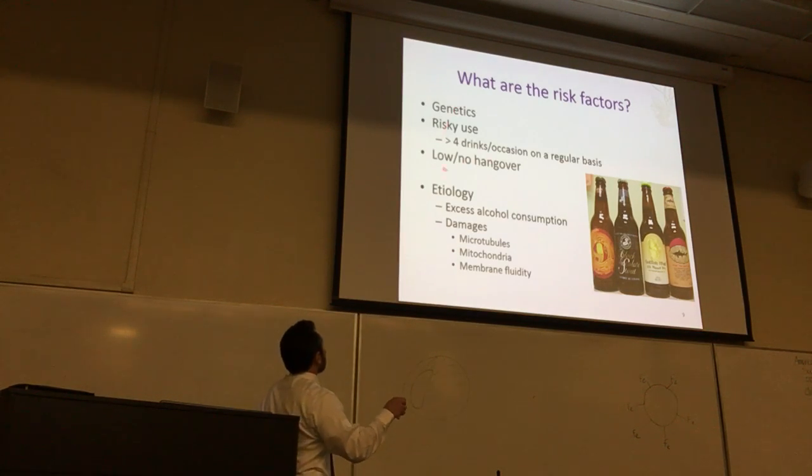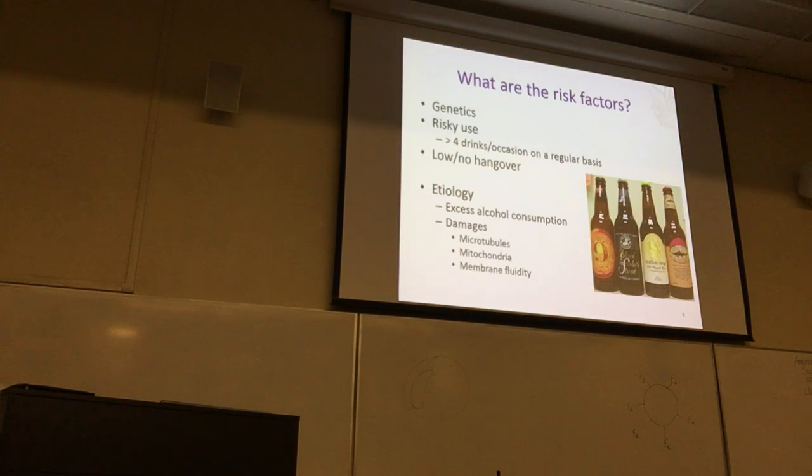Okay, hang on. So another way to look at this is, if you enjoy a social event and you're not hungover the next day, you're probably not crossing that line. But if you have a hangover, that's your body's way of saying you probably had too much to drink. I think most people would agree with that.